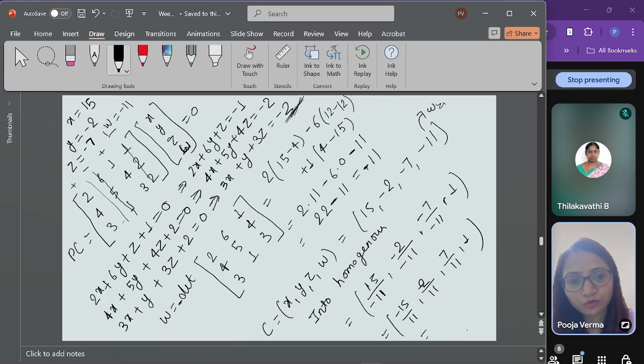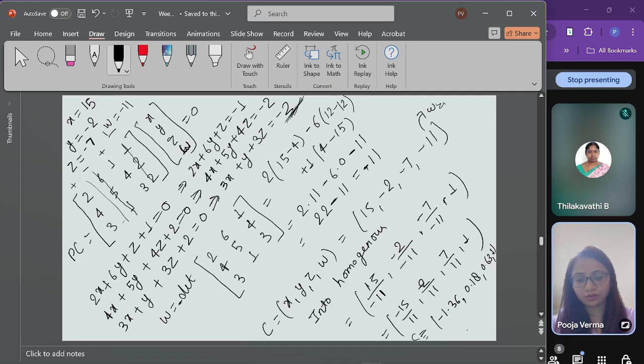If you further take the ratio, 15 by 11 you will get minus 1.36, here you will get 0.18, for 7 by 11 you will get 0.63, and for this you will get 1. So this is our value of the camera center.